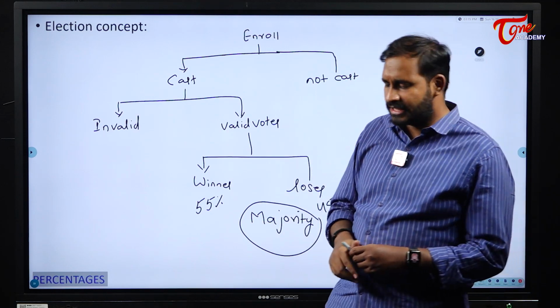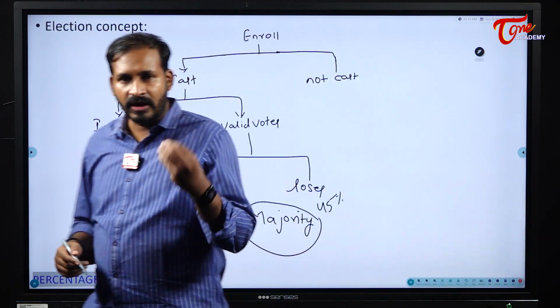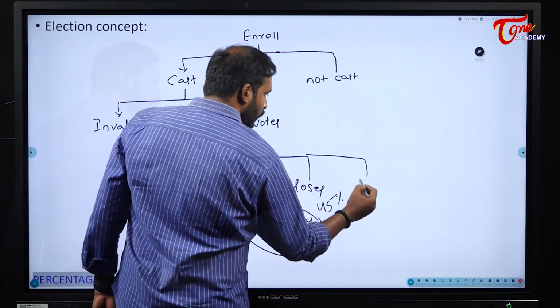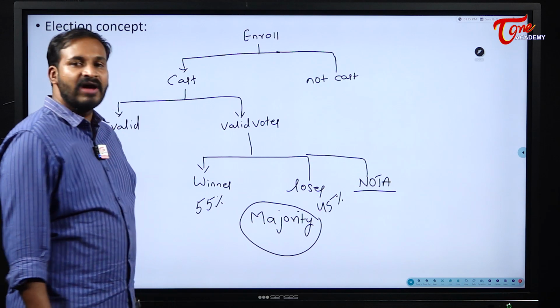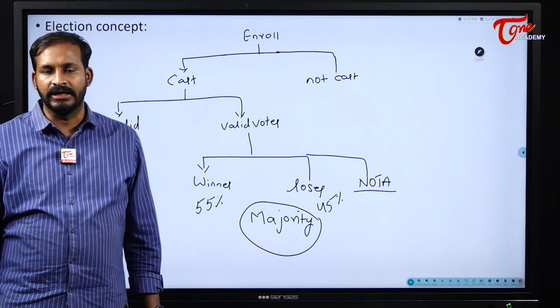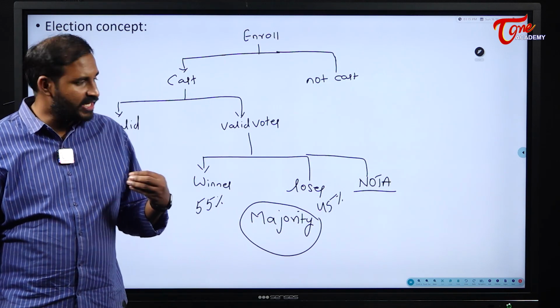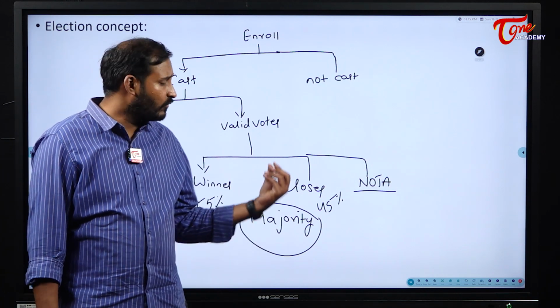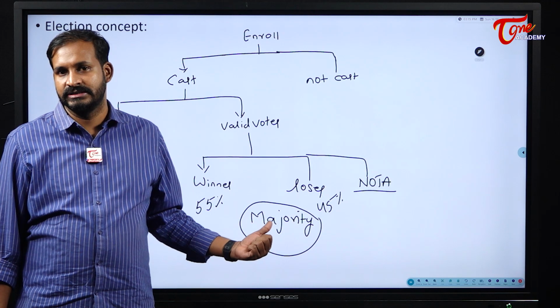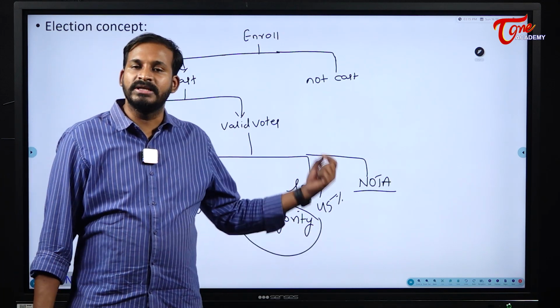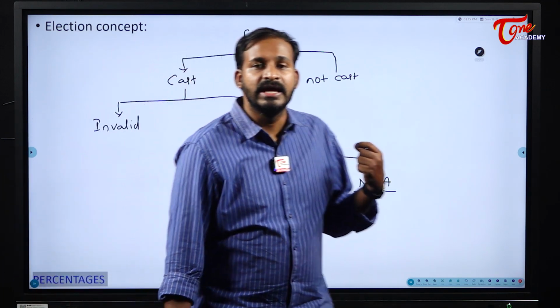Recently they have added one more thing, that is NOTA. See here, this NOTA also comes under valid votes only. If they ask about NOTA, remember that NOTA comes under the valid votes.